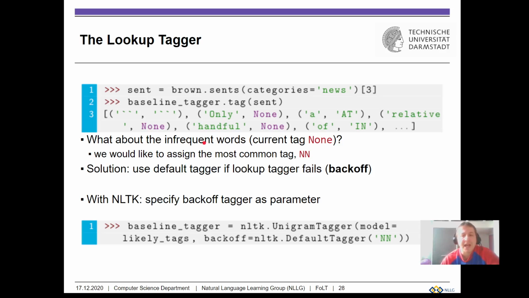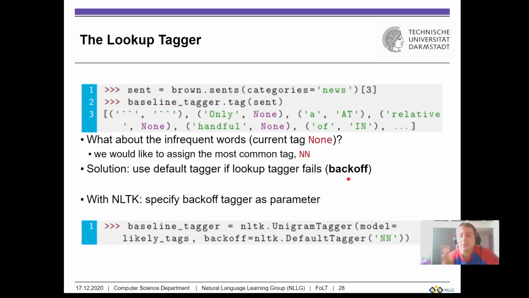So how can we handle those other words? There are two options. The first one is we can go back to the default tagger, which tagged everything as a noun, as an NN. So we can back off. In NLP terms, this is referred to as back off, right?